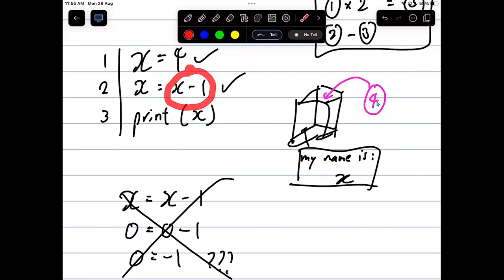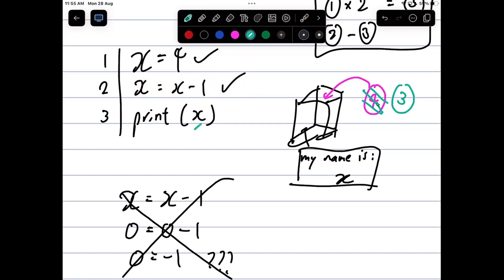x is 4, right? So therefore, substitute in what you get. 3. So x minus 1 here is 3. Then here, if you read the English, it's read differently. It's not equal. It's x is replaced with 3. So that means that what we are doing is, in this picture, we are chopping off the 4 and replacing it with a 3.